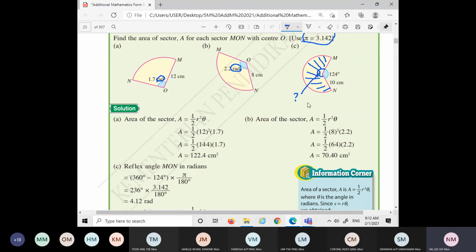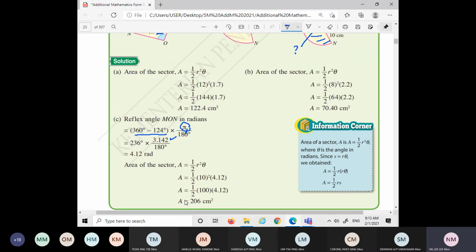Just use 360 minus 124. After that, do the conversion into radian form by times pi divided by 180. Remember your pi as 3.142. Then you will get 4.12 radian. Now you can use the angle already.